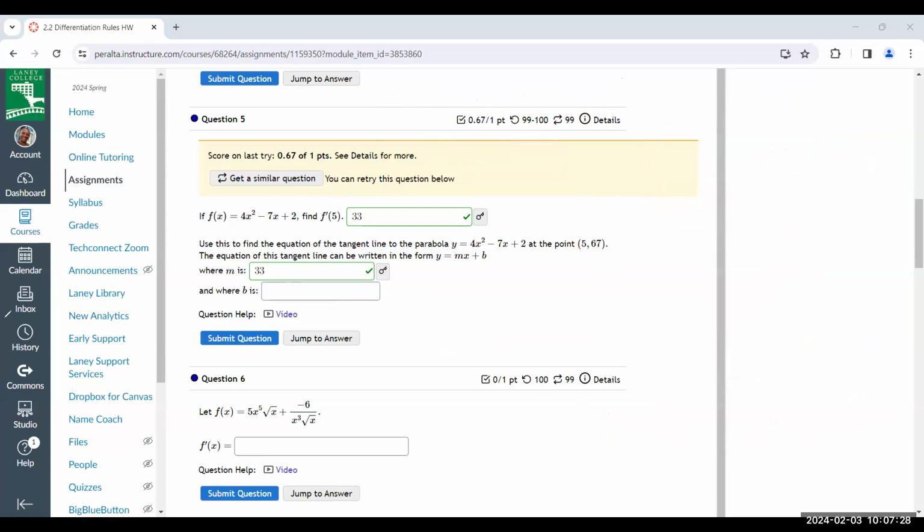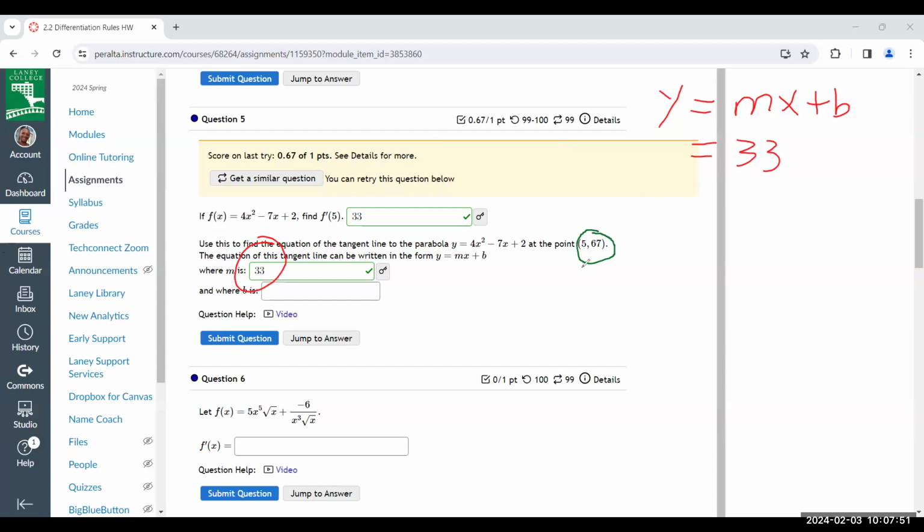And so we're going to use y equals mx plus b. We know our m is 33. And then we're given this point right here, (5, 67).